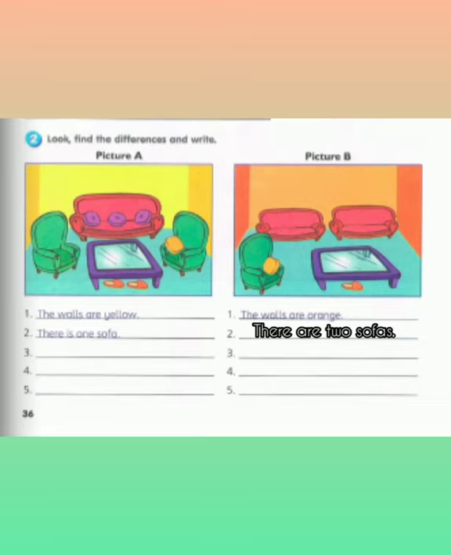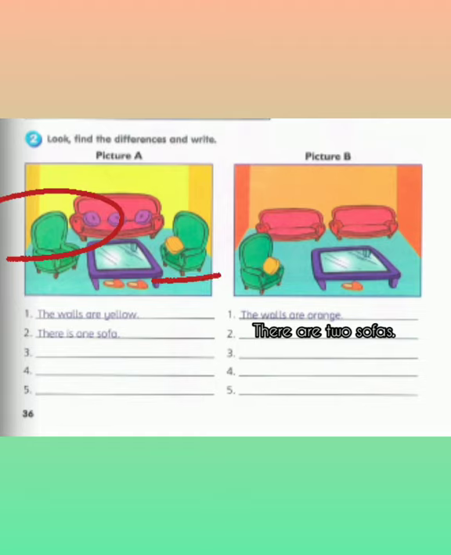Okay, number 3. Let's look at the difference. Picture A. Apa lagi yang beza? There are 2 armchairs. In picture A, ingat tak kita dah belajar hari tu vocabulary? Kerusi yang warna hijau tu kita panggil apa? What we call it? Yes, we call it armchair.